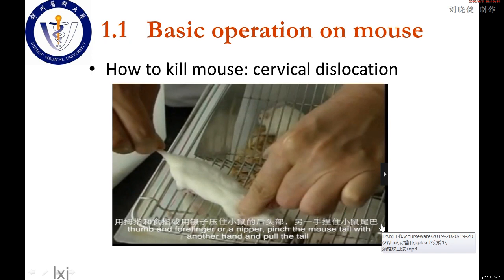After the experiment, it is necessary to kill the living mice after the experimental class, because the mice are kept for scientific research and experimental teaching. So after the experimental class, these mice cannot be used for other experiments.